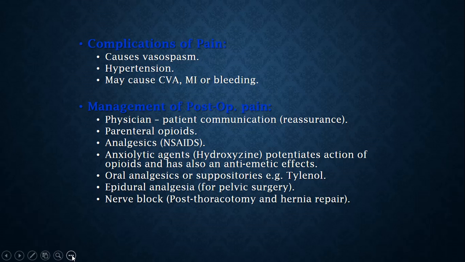What about the complications of pain? Due to pain, there will be vasospasm and hypertension, which may cause CVA, myocardial infarction, or bleeding. Patients are not taking deep breaths, particularly when the incision is in the upper abdomen, leading to poor respiratory effort, atelectasis, accentuated with pneumonia, and later on, particularly in the elderly population, respiratory failure.